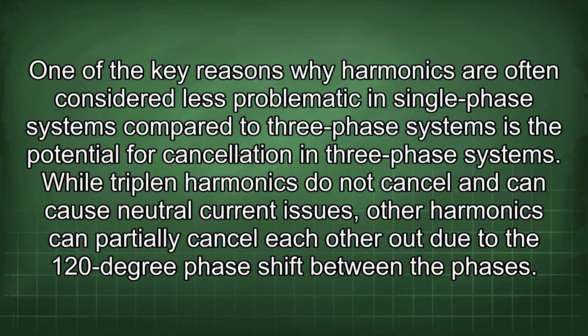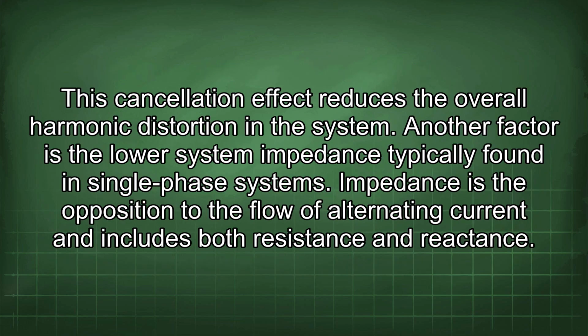One of the key reasons why harmonics are often considered less problematic in single-phase systems compared to three-phase systems is the potential for cancellation in three-phase systems. While triplen harmonics do not cancel and can cause neutral current issues, other harmonics can partially cancel each other out due to the 120-degree phase shift between the phases.